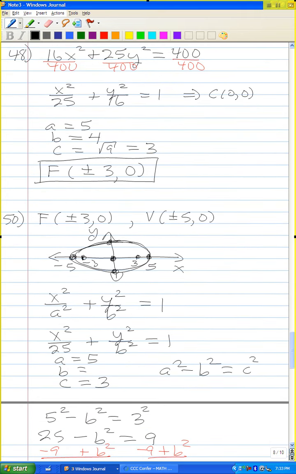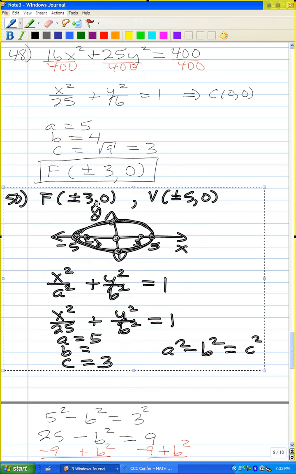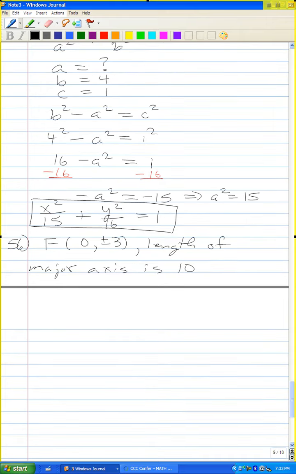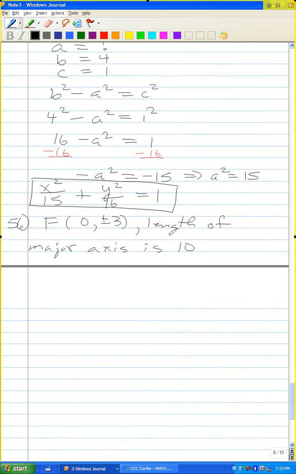And so let me finish off whatever problem I was doing before. Problem number 56. Okay, so let's see if I can remember this. So, find the equation of the ellipse with the given foci and vertices.